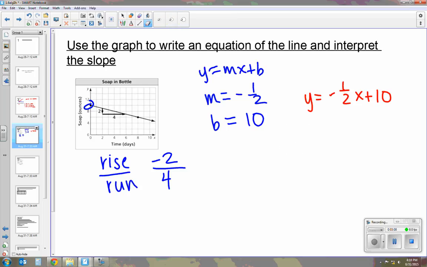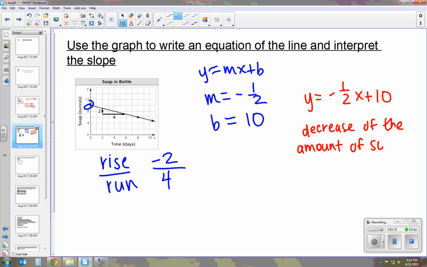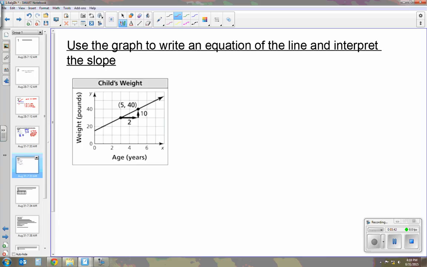Let's say the decrease of the amount of soap in the bottle over time. Okay, so the decrease of the amount of soap in the bottle over time. So that's us interpreting the slope. Let's look at the next one.